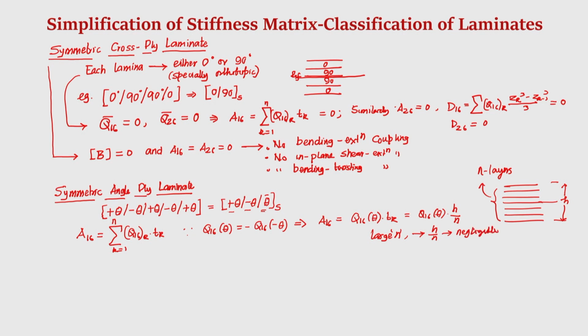Therefore, A16 and A26 are negligible if the number of layers is large. Therefore, a symmetric laminate could be a symmetric cross-ply laminate, or it could be a symmetric angle ply laminate.